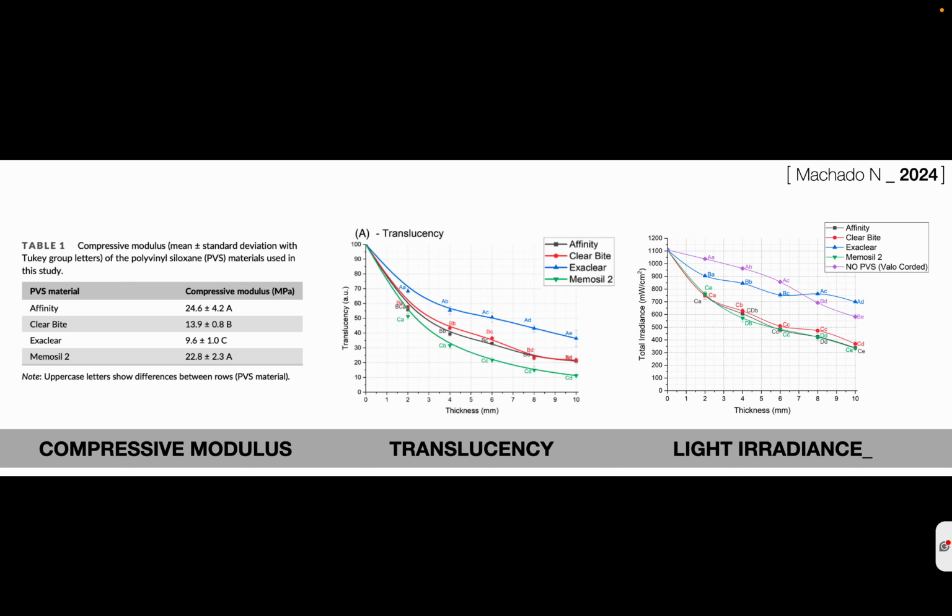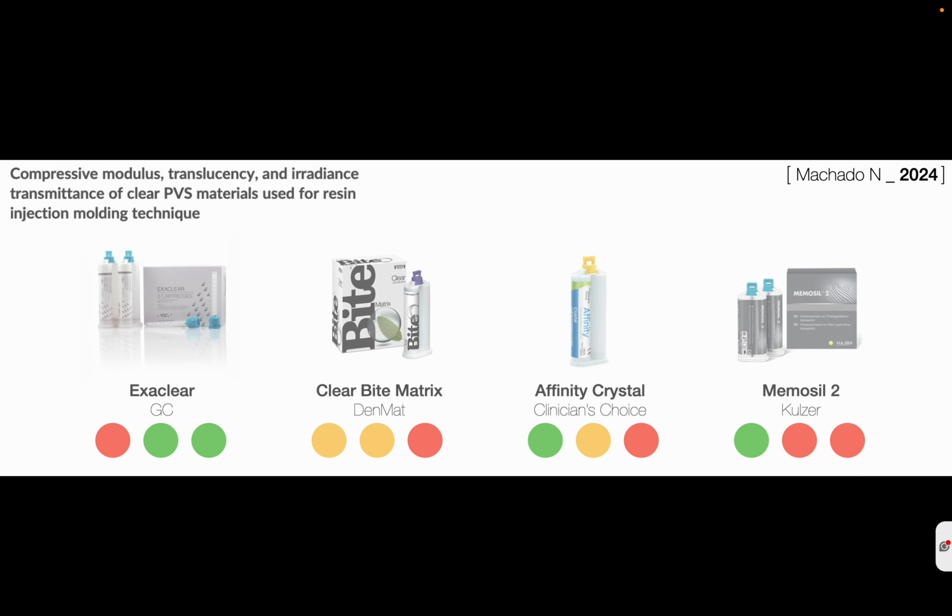Being so clear, it's not super strong. So my point of view regarding when I need to choose one or the other is to take the green and the red dots of each one, put everything in a balance, and know what you want this silicon for.